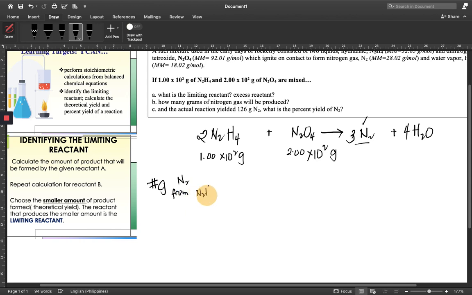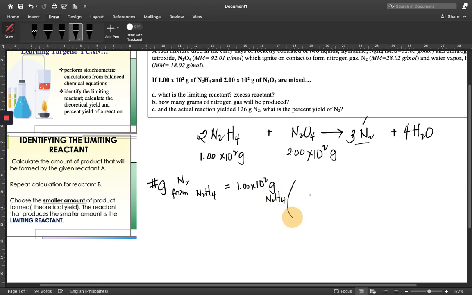N2H4. Alright? Is equal to we use the given for hydrazine N2H4. We know that this is 1.0 times 10 to the second grams of N2H4. Alright?